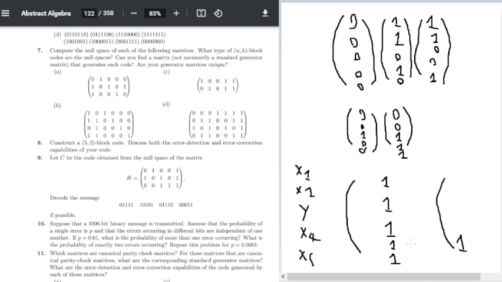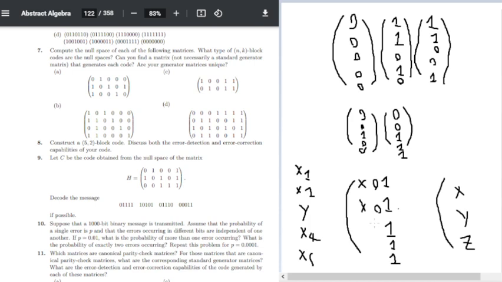So we're going to have x, y, z. Then we'll determine x1 by that, which means we're going to have x, 0, 0. x3 can just be anything.